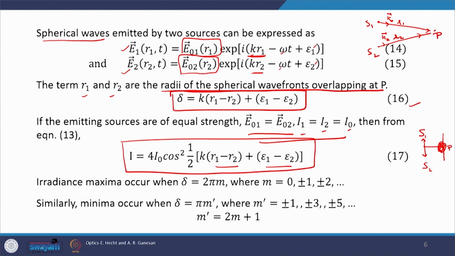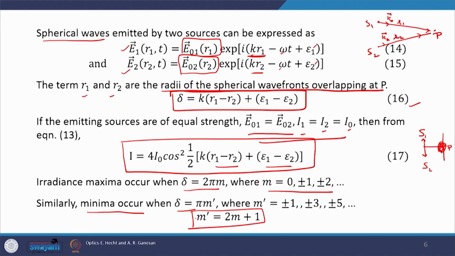Moving ahead, we can easily calculate the conditions on maxima and minima. Maxima occur when del is equal to an integral multiple of 2 pi, where m is equal to 0, plus minus 1, plus minus 2, basically an integer, and similarly minima occur when del is equal to pi m prime, where m prime is plus minus 1, plus minus 3, plus minus 5 and so on.